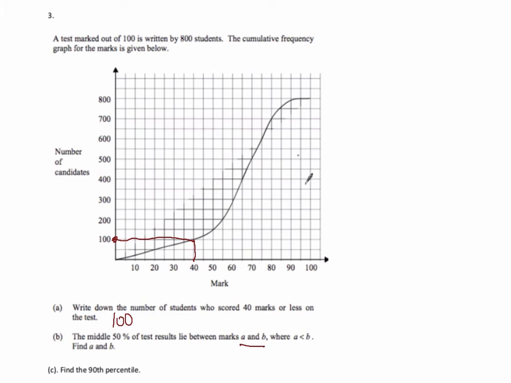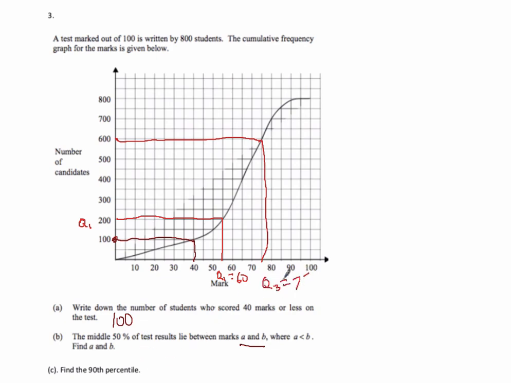So we need Q1 and Q3 again. Well, 25% of 800 is 200, so Q1 will be right across here. So that's 60. Q1 equals 60. Q3 is across from 600. So that's 75.